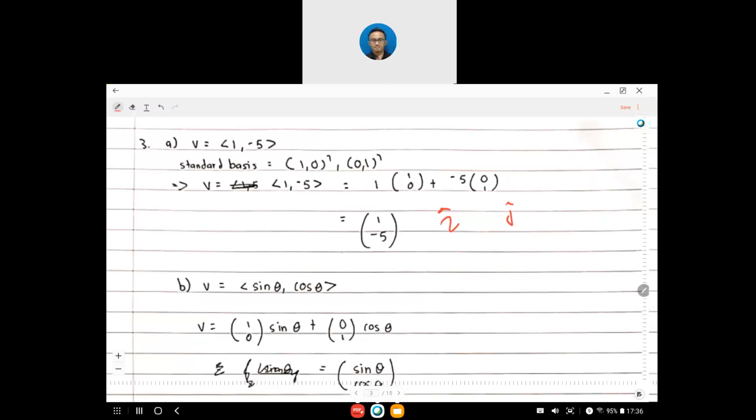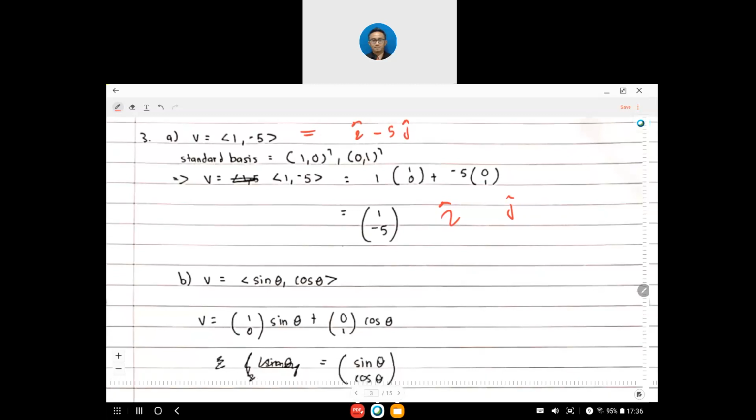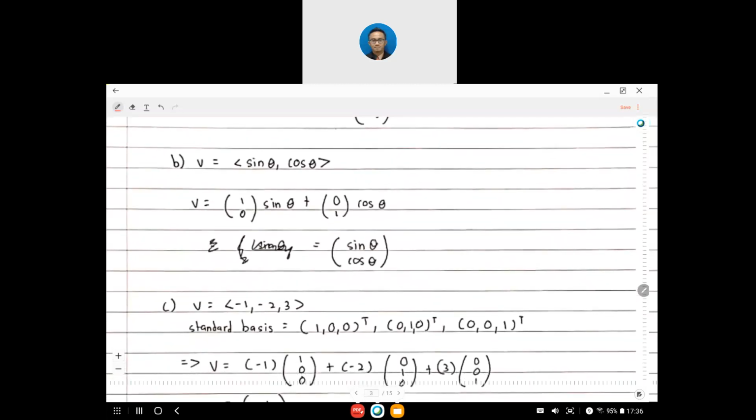So for your question A, your answer is vector i minus 5j. That is the answer. Okay, B: i sin theta plus j cos theta.